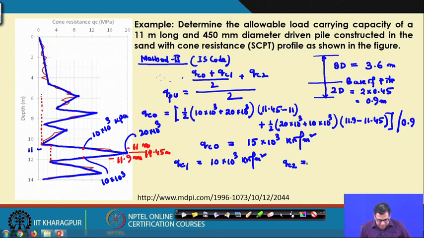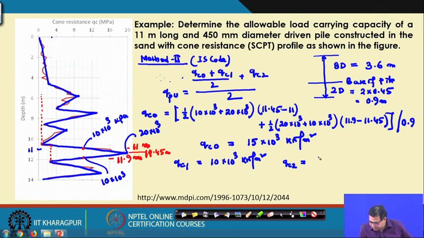QC2, the average of minimum value. So, from 11 to this zone, this is the average. That average value is 3 megapascal, so 3000. This is the average value from this point to this point.